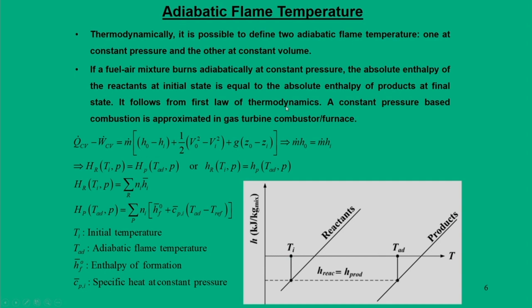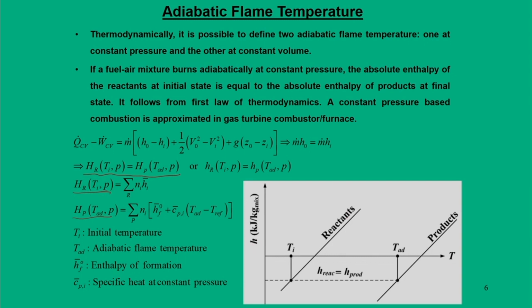of thermodynamics. So, the very basic expression that we can see, HR, that is, reactants are at initial temperature Ti and certain pressure P. Products have now reached the adiabatic flame temperature and are at P. Then we can evaluate the total enthalpy of the reactants and the total enthalpy of the products. This can be represented in a functional form, as enthalpy as a function of temperature.